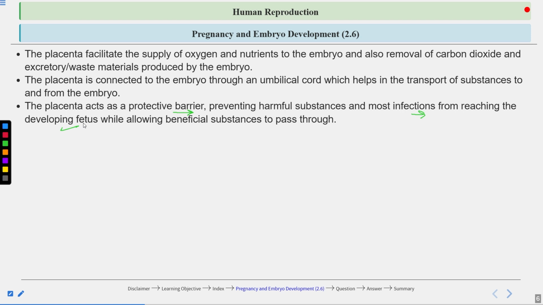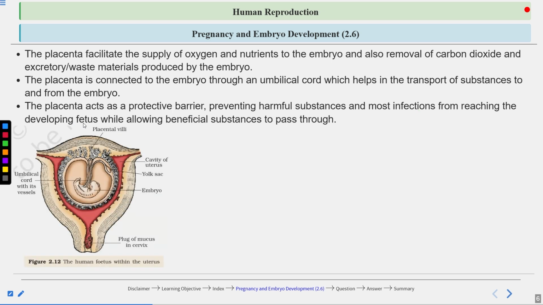All right. Again, we have discussed this image. This is an image showing you the human fetus within the uterus.